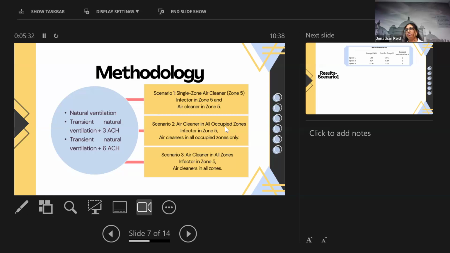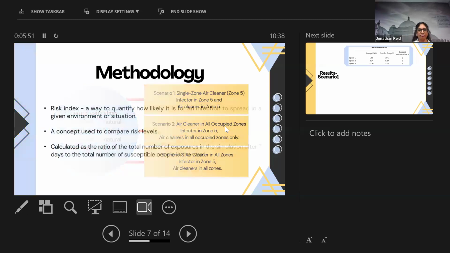For the third scenario, we placed the air cleaners in all 12 zones, and the infector was still in zone 5. For all three scenarios, we ran three different ventilation patterns: the first being natural ventilation, the second transient natural ventilation plus 3 ACH, and the third transient natural ventilation plus 6 ACH.